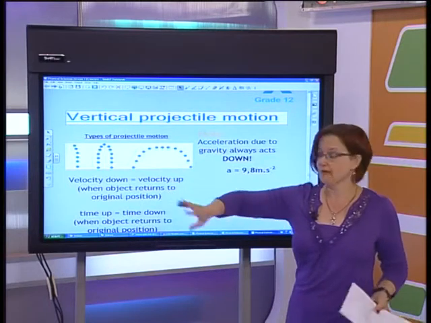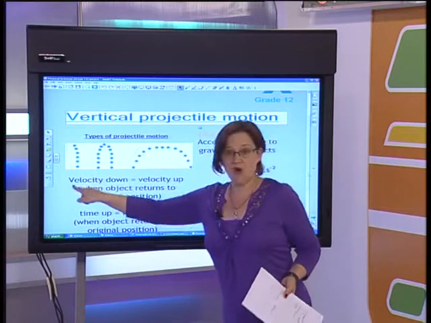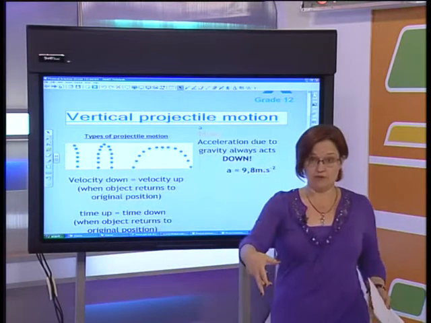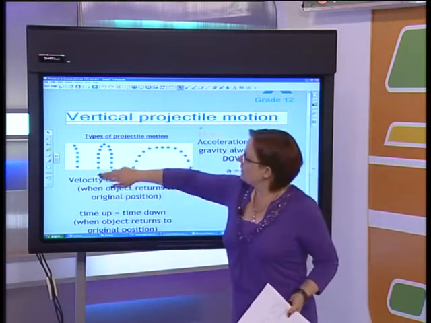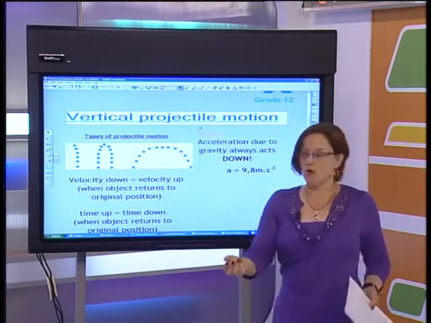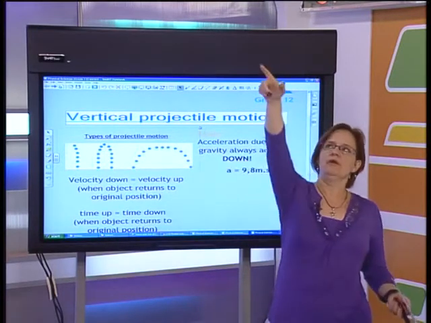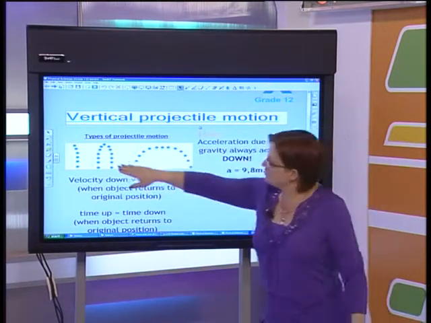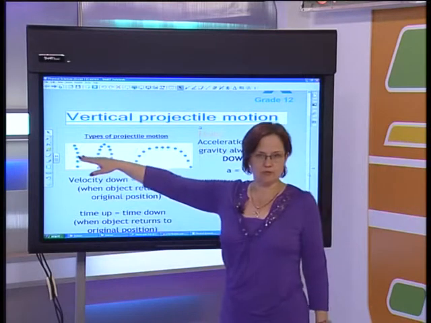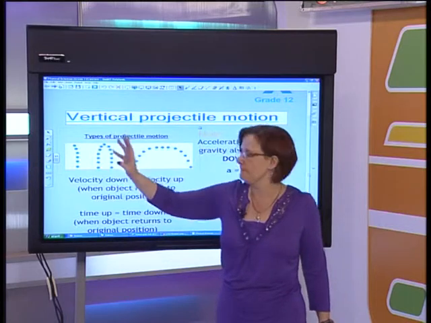We're looking at objects that are either dropped, or thrown straight down, or an object that gets thrown straight up and caught. Or we're going to consider objects that can be thrown at an angle. We're not concerned with what happens in the horizontal motion because that's irrelevant at this point. We're only looking at one dimension.